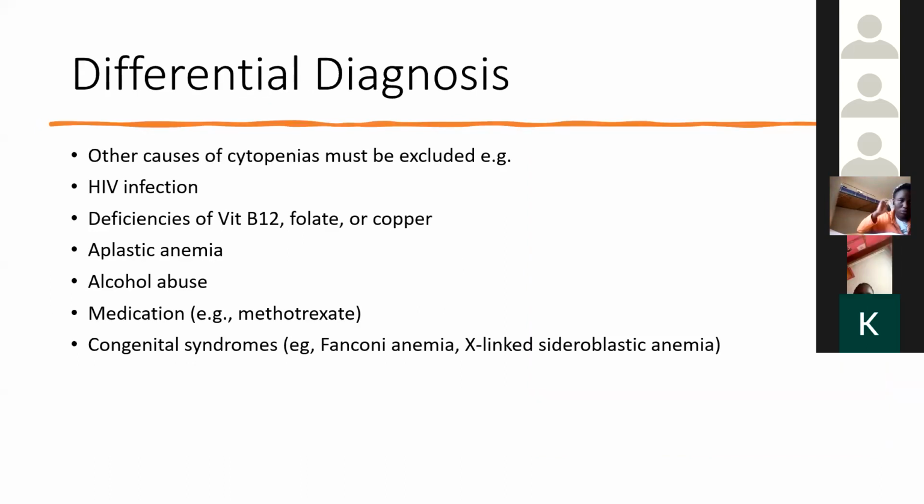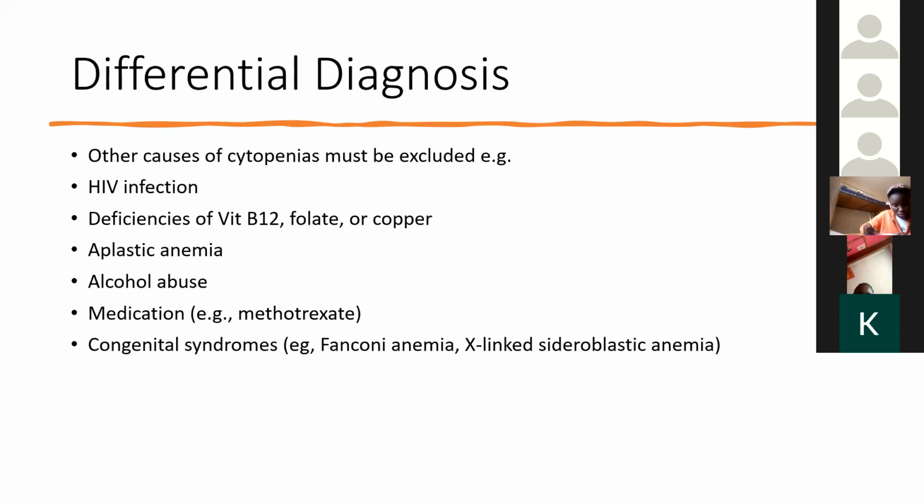So when you find a patient presenting with those cytopenias, what must you consider? HIV infection. HIV infection can give you any of those cytopenias, and therefore you need to do the test for HIV to exclude that whatever is occurring is because of HIV infection.